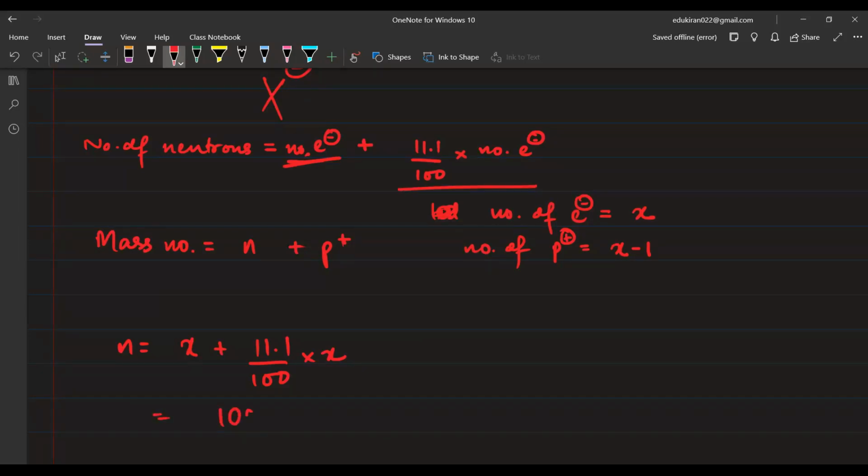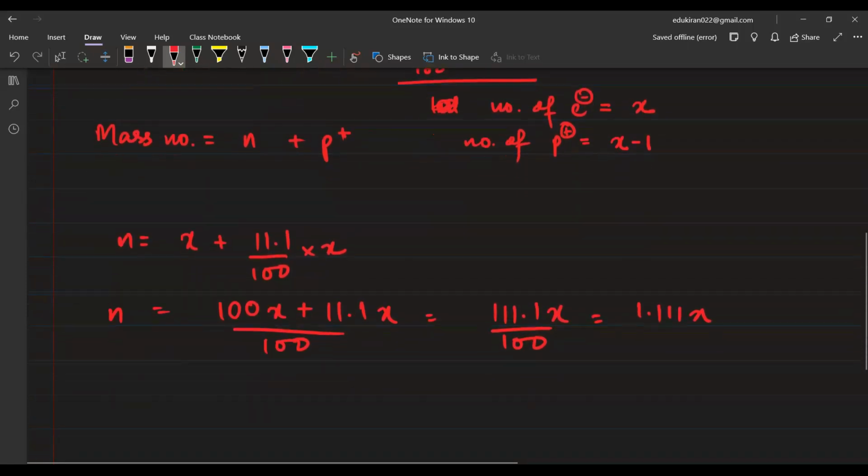This will be equal to 100x plus 11.1x whole divided by 100. So this will become how much? 111.1x whole divided by 100. This will become equal to 1.111x number of neutrons. Correct? Yes or no?